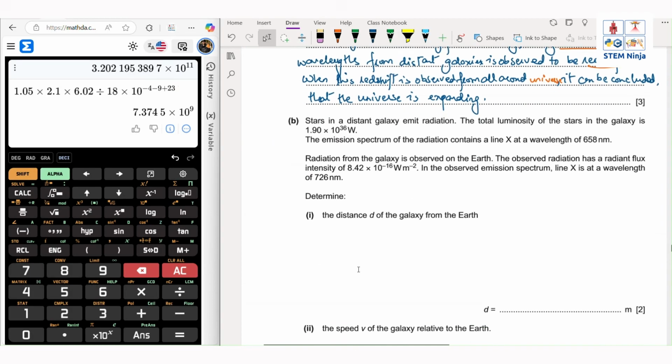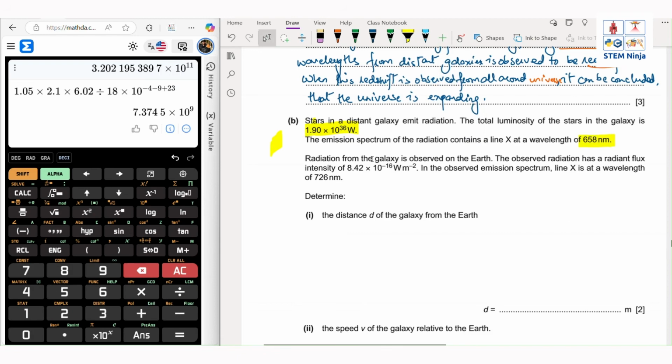All right, stars in a distant galaxy emit radiation. The total luminosity of the stars in the galaxy is given. The emission spectrum of the radiation contains a line X at a wavelength of 658 nanometers.